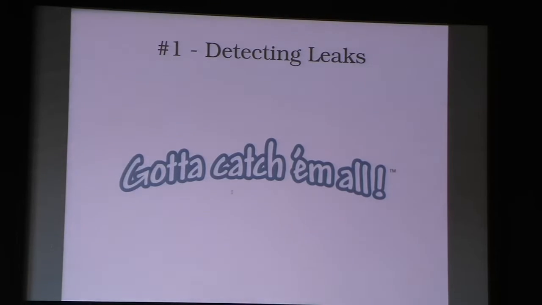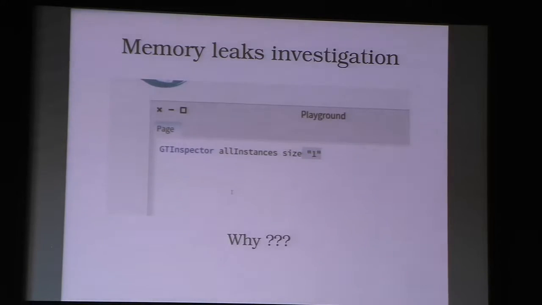Sadly, we have no way to detect them automatically, but as soon as we detect them, for example, in this case, we've got a GT inspector in an empty image with only the playground opened, and we want to see why there is one GT inspector instance in this image when we have no GT inspector window opened.